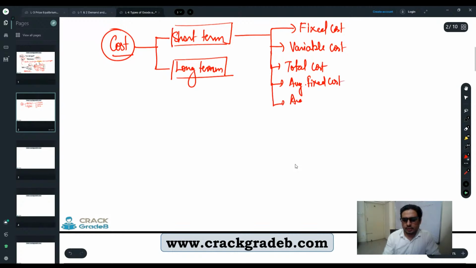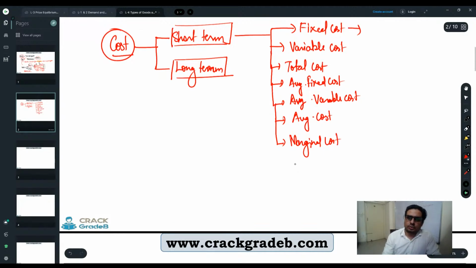Next is average variable cost. Next is average cost, or sometimes total average cost, and then is marginal cost. Right.